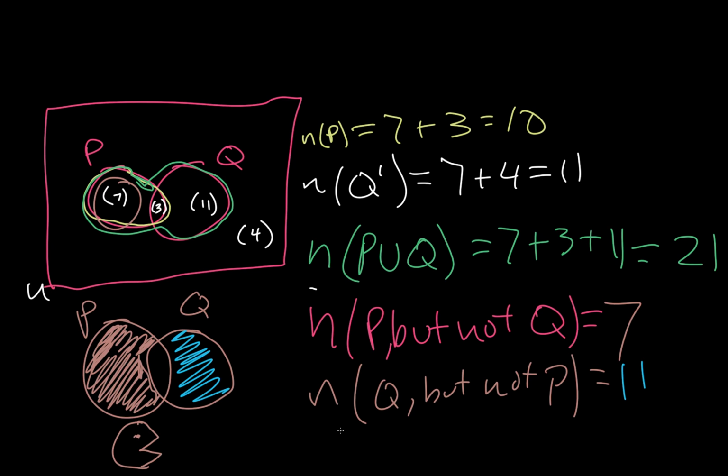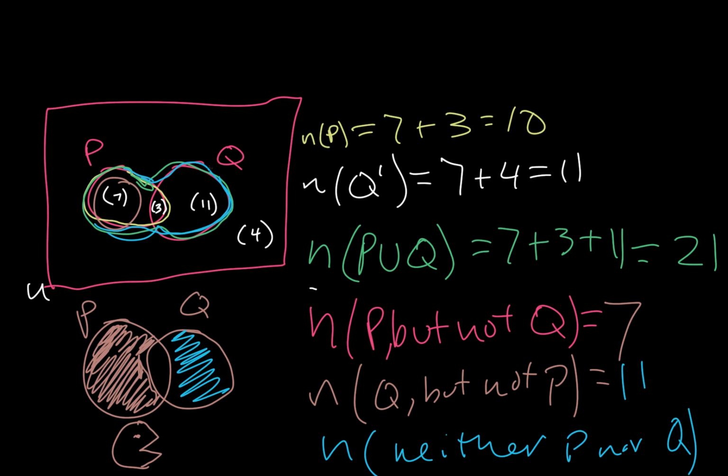And the last one they ask for is neither P nor Q. That's like the complement of the union. So it doesn't want any of the stuff right here. It only wants the stuff on the outside, which is represented just by that 4.